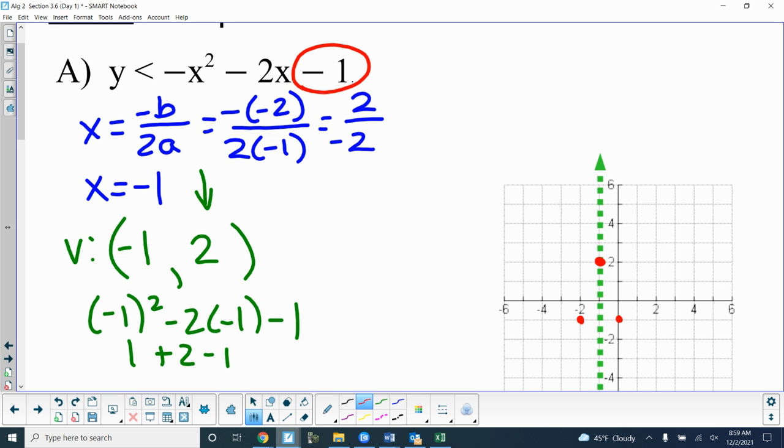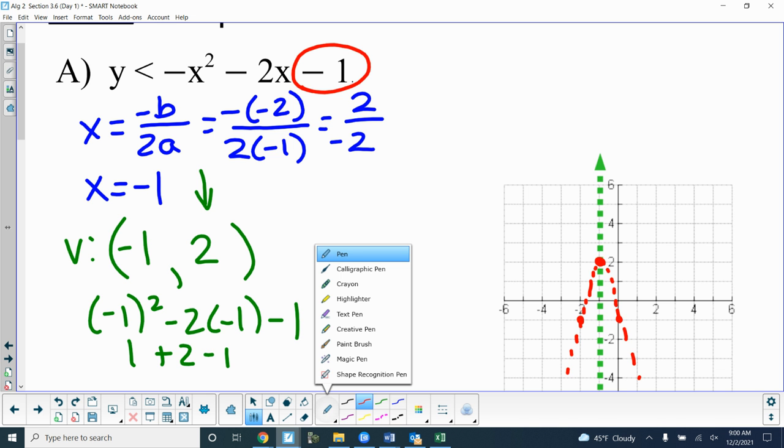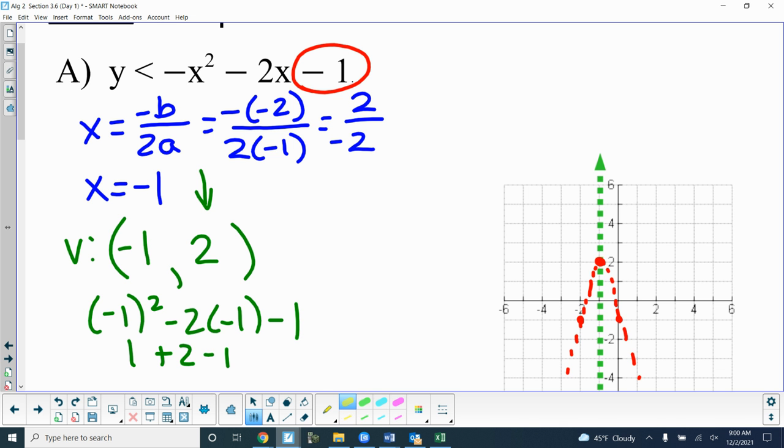Looking at this, is my parabola dashed or solid? Dashed. Very good. Since it says less than, do I shade above it or below it? Below, right? So below it is inside here.